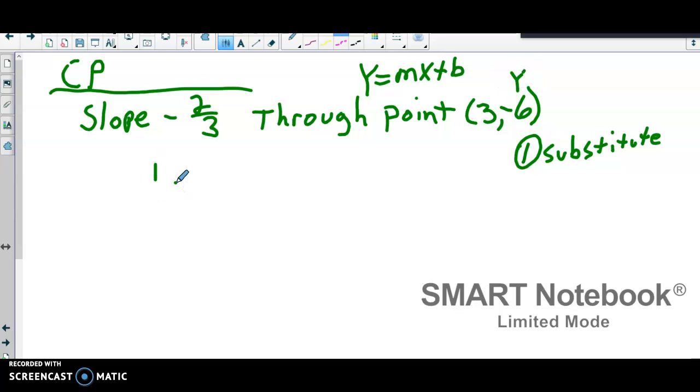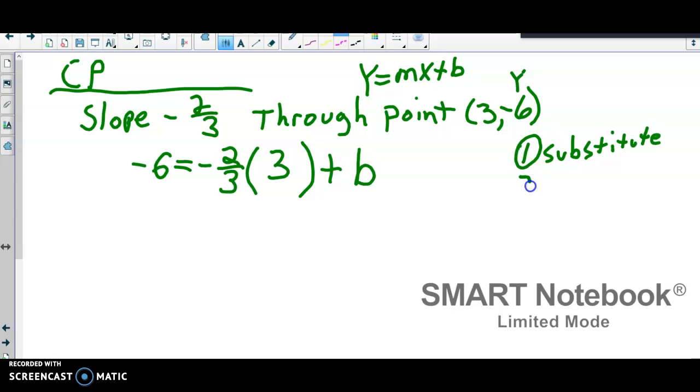So I put my -6 equals, my slope is negative 2/3. Inside my parentheses goes the 3. Now I know everybody gets all scared because I got a fraction. If it bothers you, just use your calculator to do that.